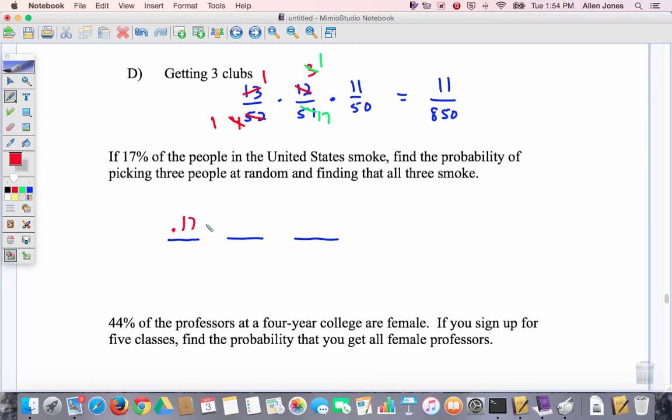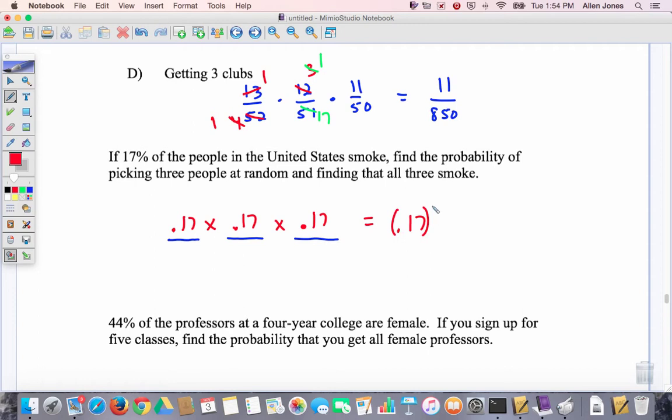The probability the first person smokes is 17%, or 0.17, times. Now our percents, if I select one person here and one person there, that percent doesn't change from one person to the next. The probability the second person smokes is also 17%, which means the probability the third person smokes is also 17%.